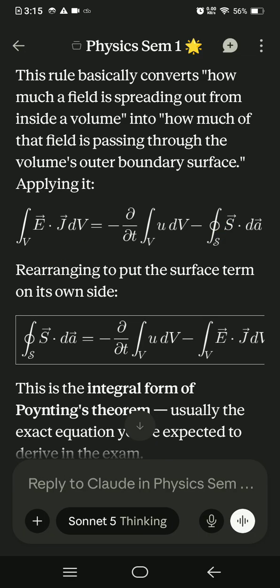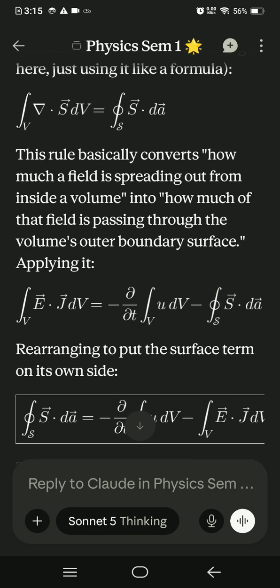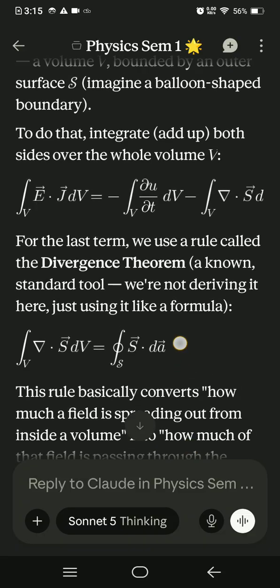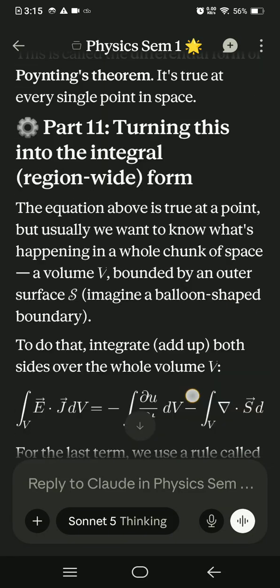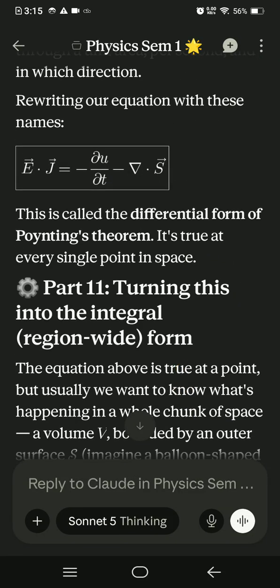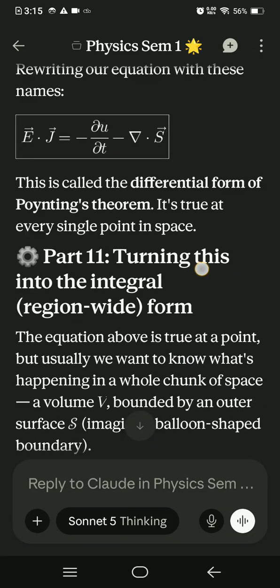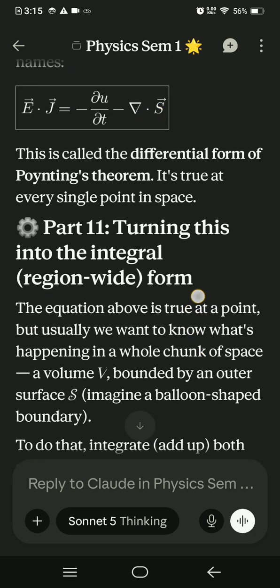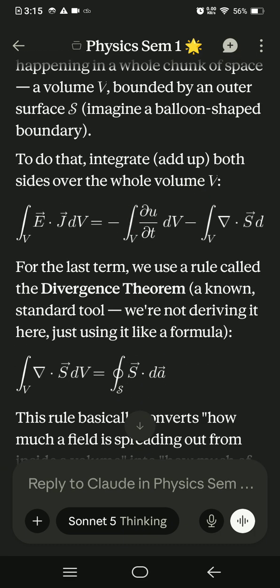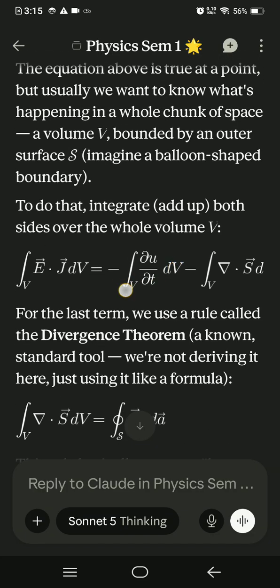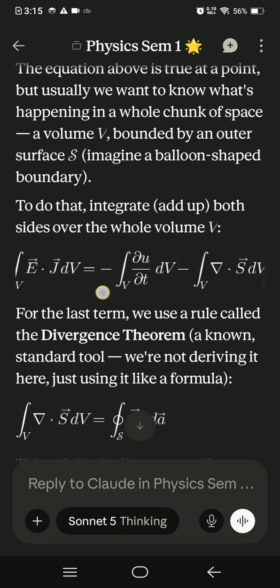Fine, so the total power. Now integrating the other side, we had minus du upon dt minus divergence of S, integrating both terms with respect to volume.